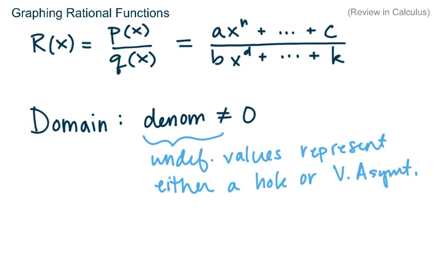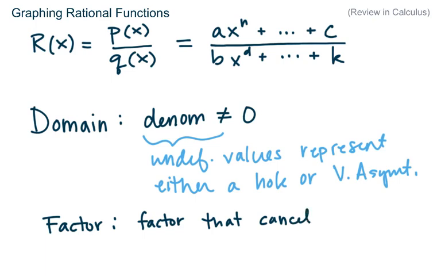So when we start thinking about this, we always factor our numerator and denominator. All right, so if we have a factor that cancels, and not always do we, but if we have a factor that cancels, that's going to represent a hole.